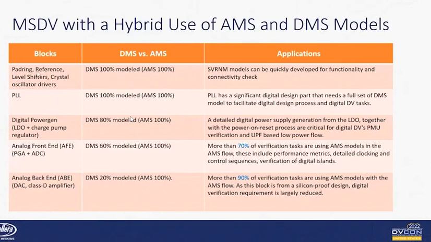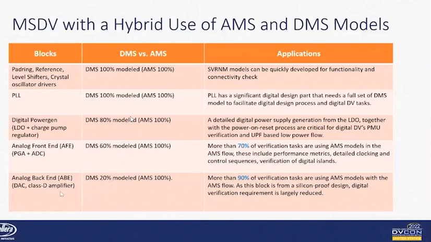Say the PLL and all these relatively easy and commonly used blocks, because they will be used for all the tests, no matter if it's a digital test or AMS, we model them carefully. We claim they are 100% modeled compared with AMS. We have some blocks just 80%, some just 60%, and this block we only have 20%.